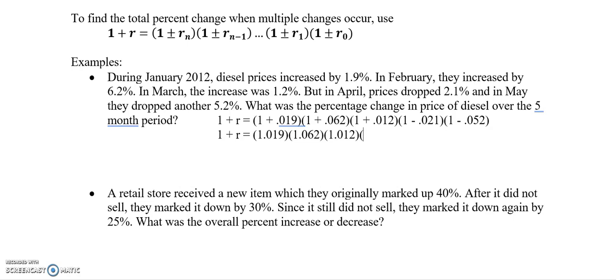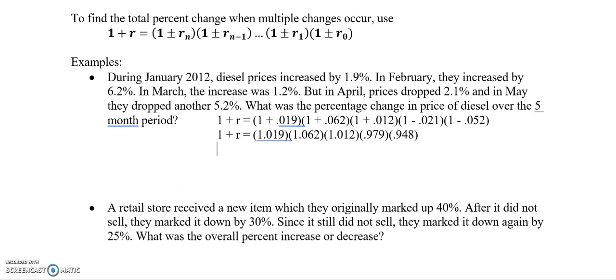So we're going to do 1 minus 0.021 or 0.979, and then 1 minus 0.052, which is 0.948. Now that we have everything inside the parentheses calculated, we are ready to multiply them all together, and that gives us 1.016413073. So now we're ready to finish solving for r.